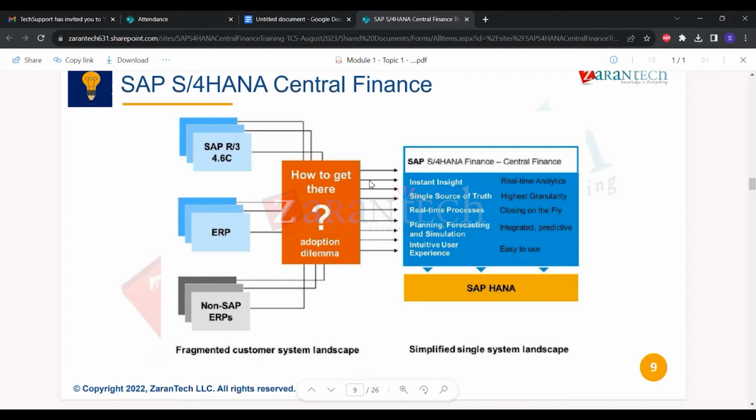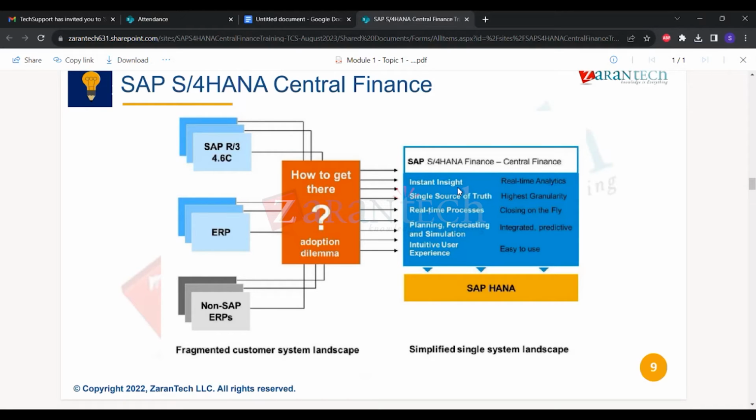So what you will get after implementing central finance is instant insight: whatever data is posted, almost immediately it will be available. We'll discuss the delays or errors which can happen due to inconsistent configuration, inconsistent master data, or missing master data, or multiple reasons.